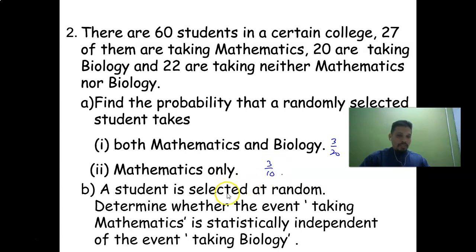Then question B, the students at random determine whether this event taken is independent of the event taken in biology. Okay, the two events are independent. Okay, so that is the final answer for this question.